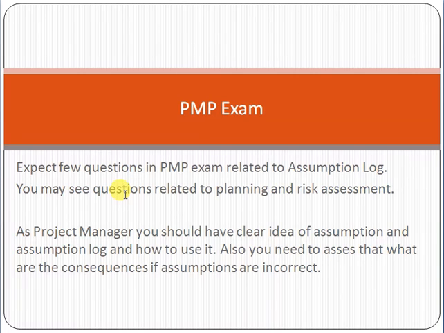So remember one thing friend, whenever we talk about assumption log, a very important point is that if the assumption is true, there will be no impact on time, cost and schedule. But if your assumption is incorrect, your schedule, time, cost, these factors will definitely be impacted. And as a proactive action to avoid this, we make the assumption log and review and follow up these assumptions after every 2 to 3 weeks and verify that these assumptions are true.